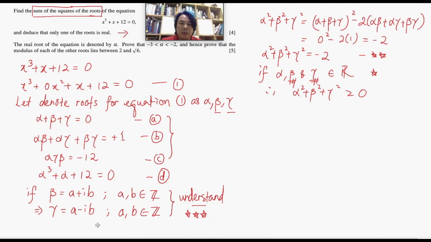So that is how we deduce that only one of the roots is real. Since both of these must be complex conjugates, it only leaves us with one alpha, which must be real. Now I'm going to show you why I conclude that beta and gamma must be conjugates to each other, and why alpha must be the only real root.